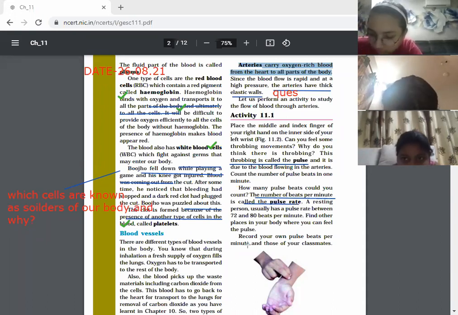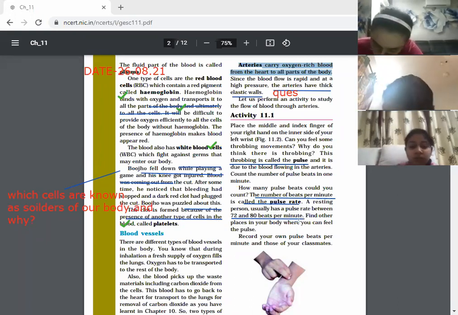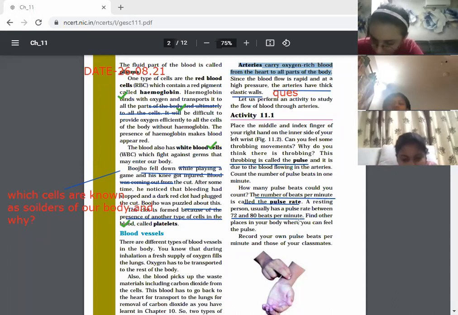You can feel the throbbing and count per minute. The pulse rate of a normal human being sitting at rest will be 70 to 80 beats per minute. You can calculate your pulse rate.